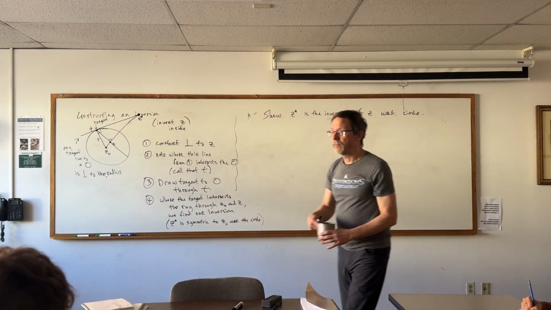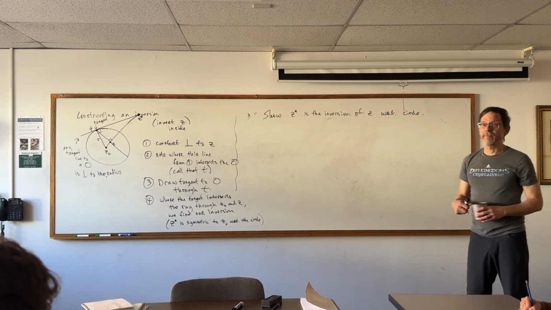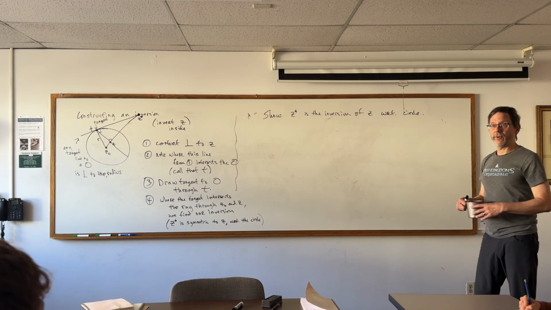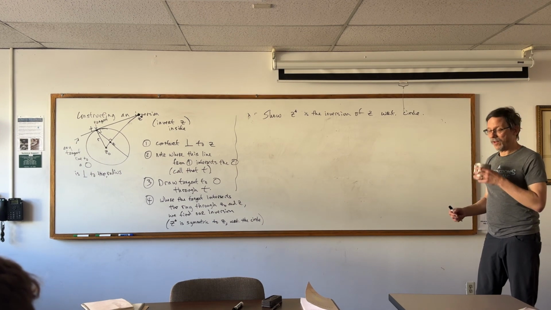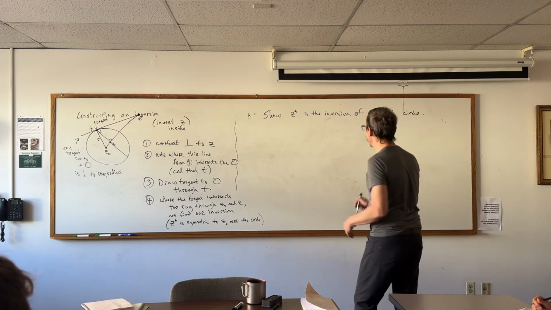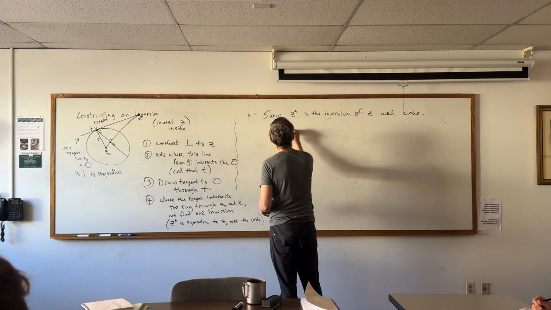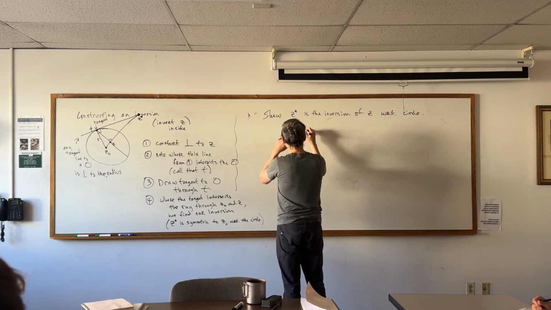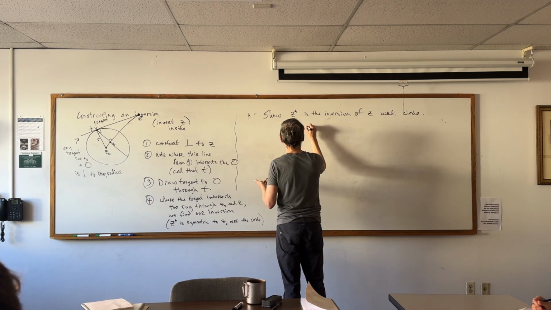Lou, you got something for me? Would it be something like the distance between Z and the center of the circle multiplied by the distance from Z star to the center would equal the radius squared? Beautiful, that's exactly what we want.